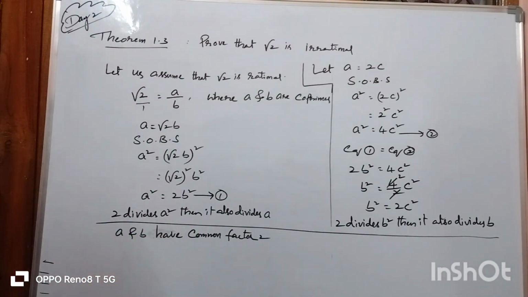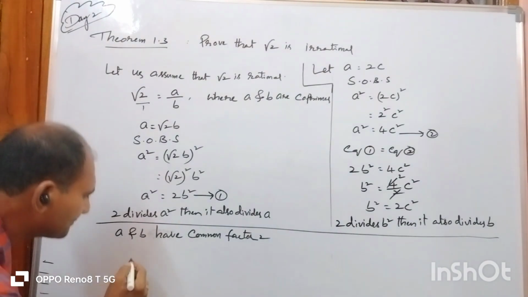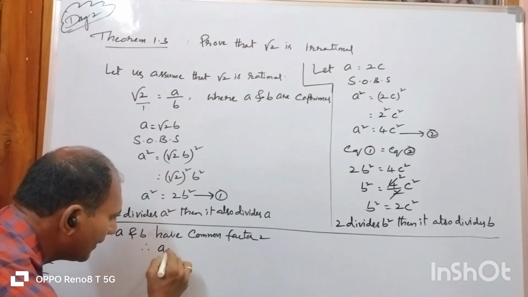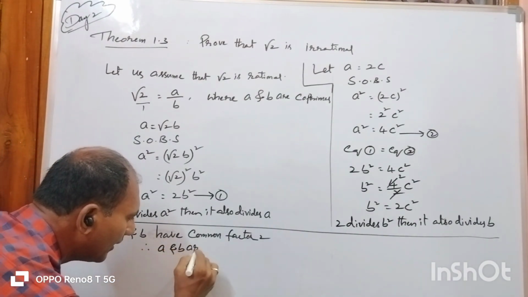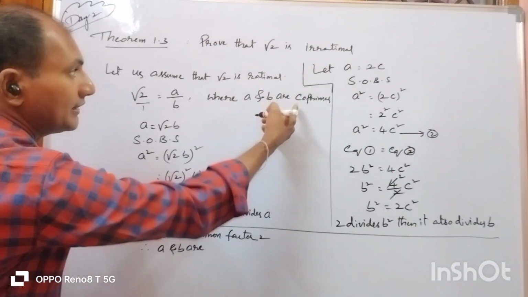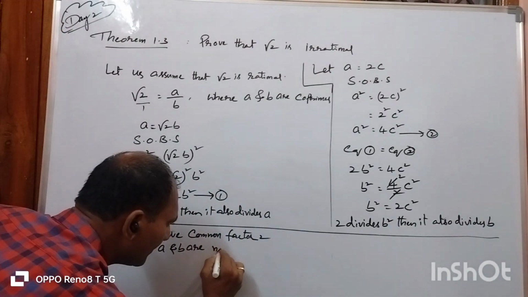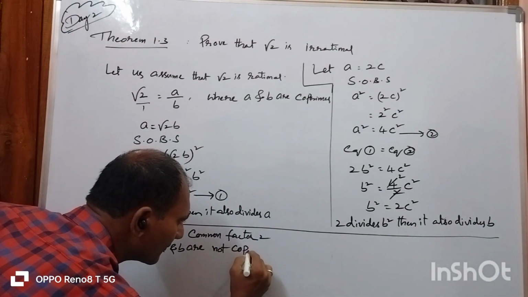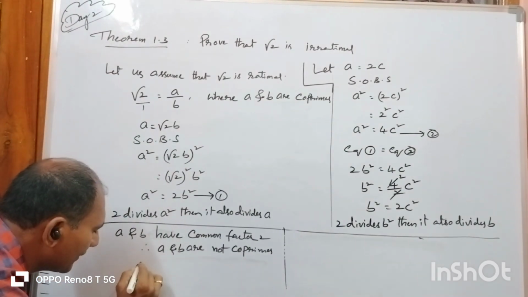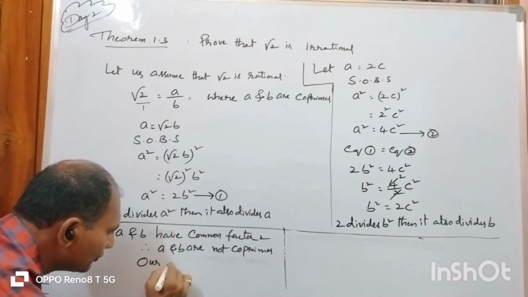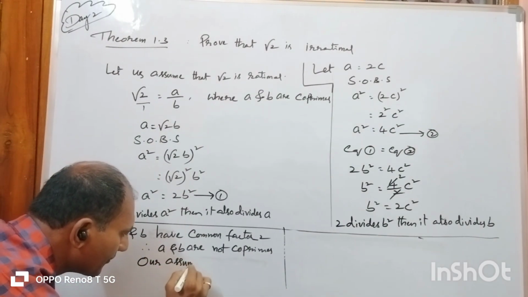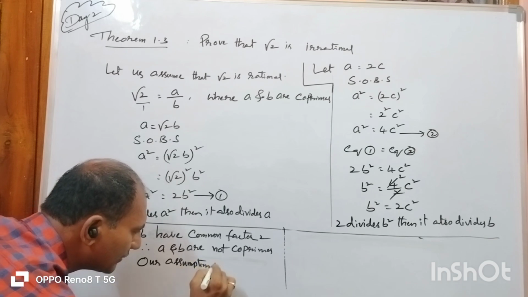So therefore a and b are not co-primes. Therefore our assumption is wrong.